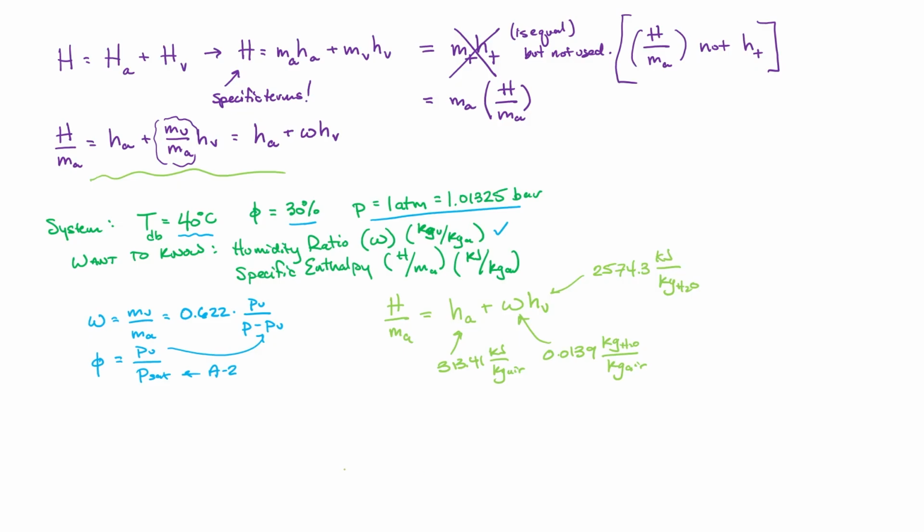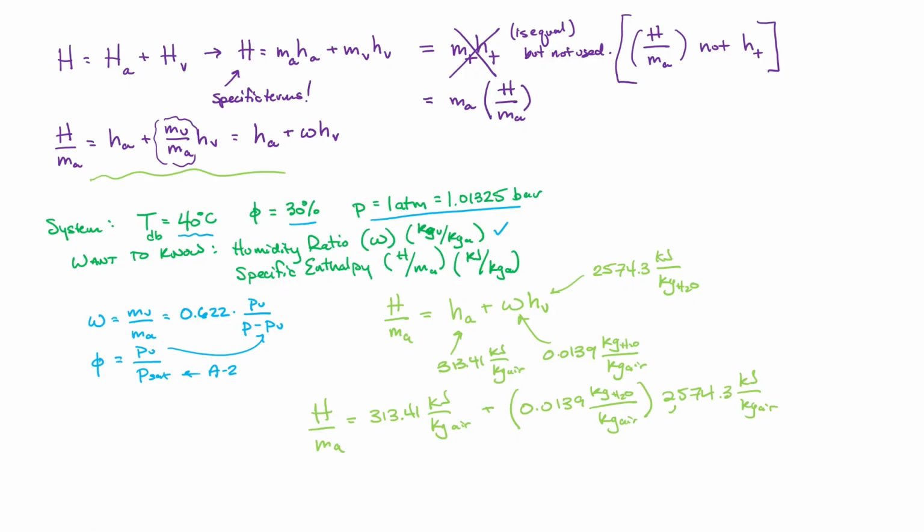You notice that if I throw this all into an equation, H divided by mass of air is going to be equal to 313.41 kilojoules per kilogram air plus 0.0139 kilograms water per kilograms air times 2574.3 kilojoules per kilogram water.